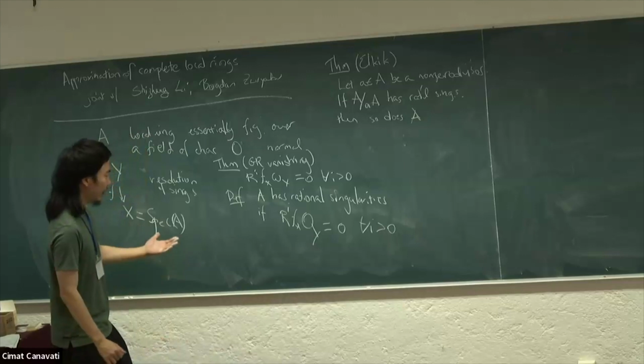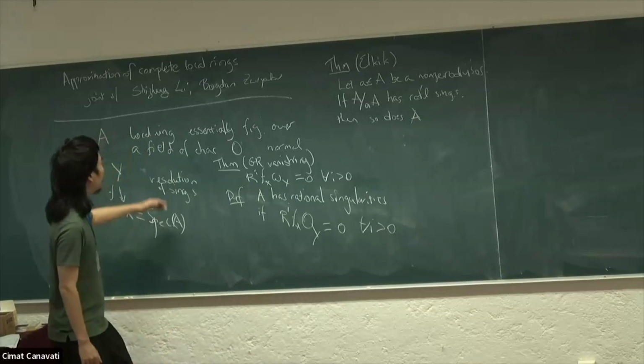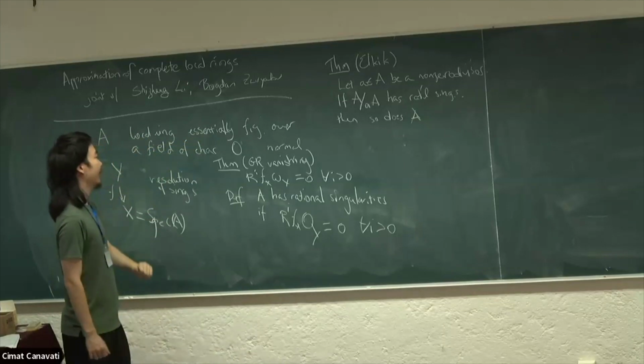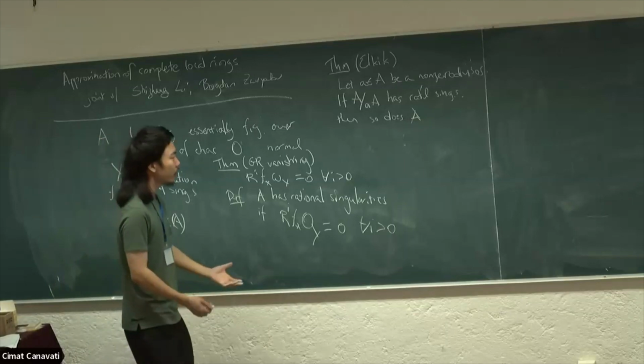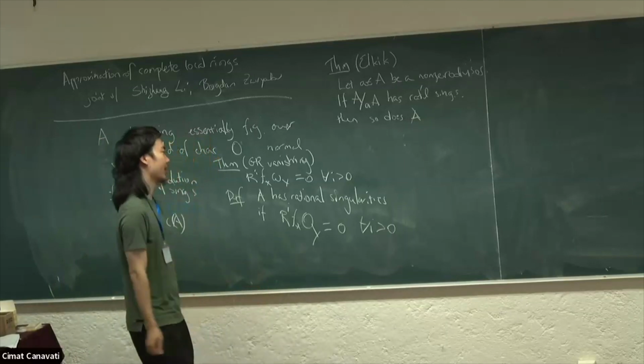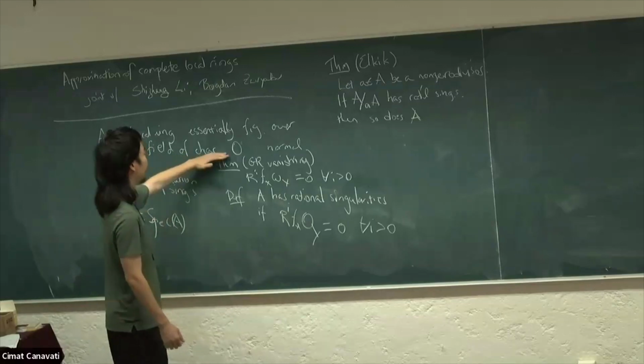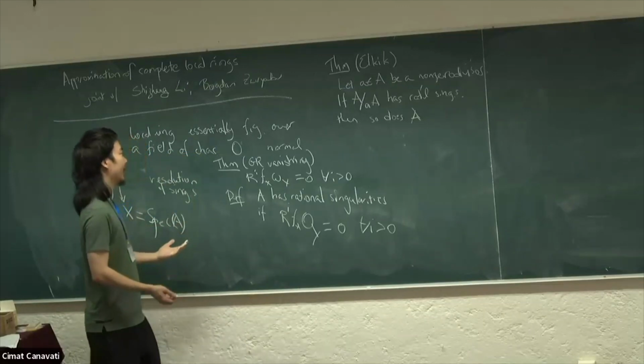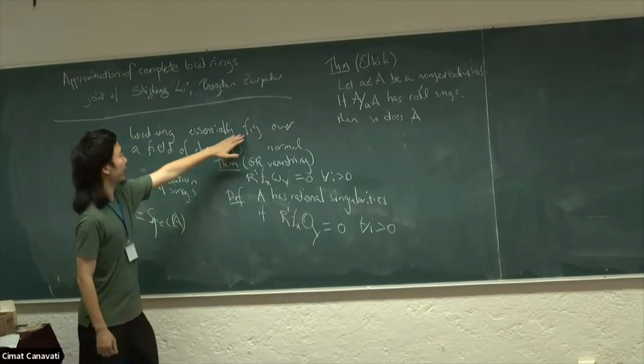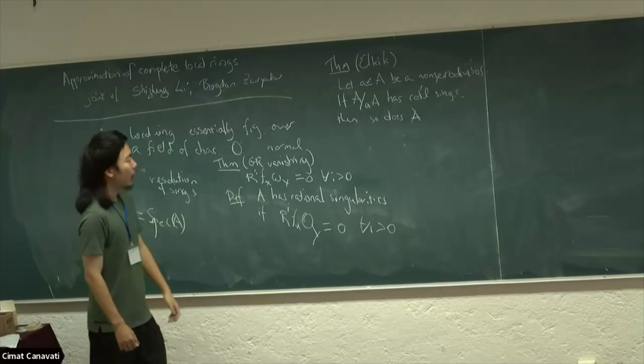And all of these are for local rings essentially finite type over a field of characteristic 0. Of course, they work for global affine coordinate rings as well. For local rings, you need this restriction. For affine rings, you need the whole ring to be finitely generated over a field.